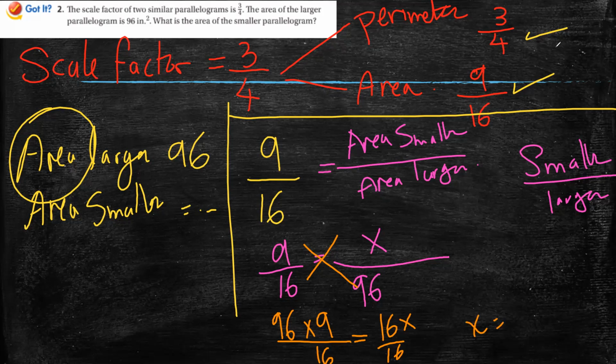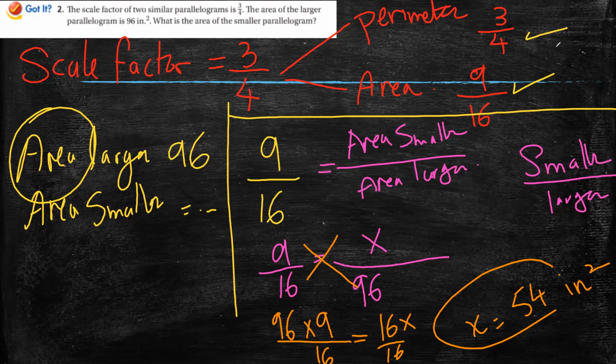So x will be 96 times 9/16, which is 54. So the area of the smaller shape is 54. What's the unit? Inch squared. Is it clear now? Yes, thank you. You are welcome.